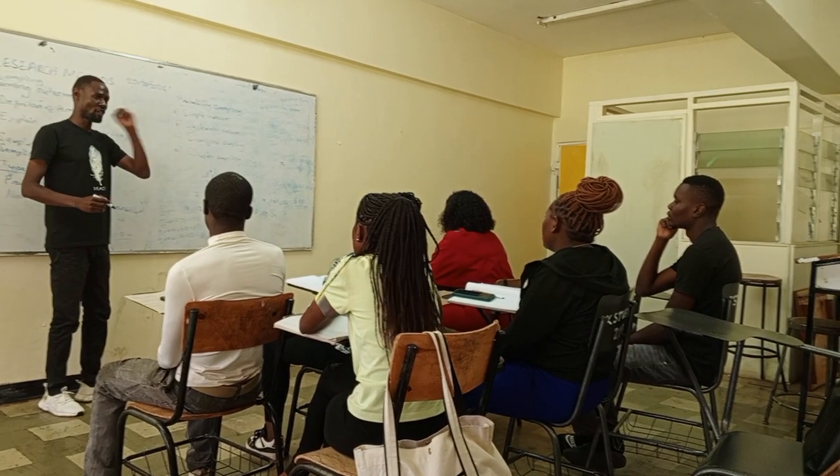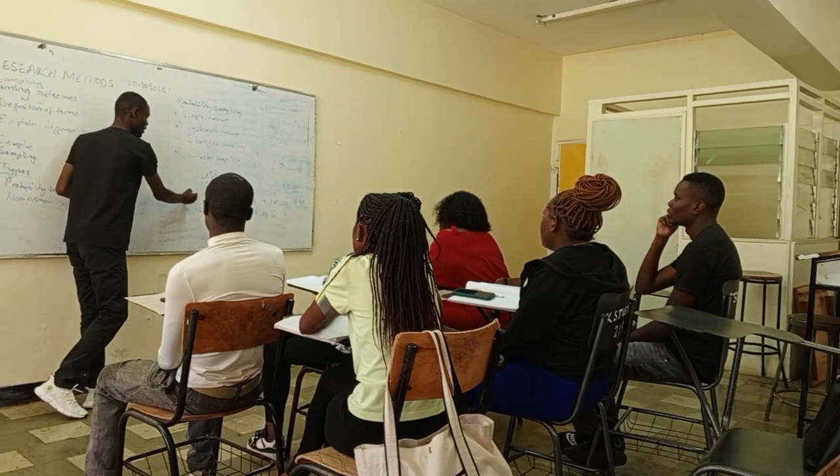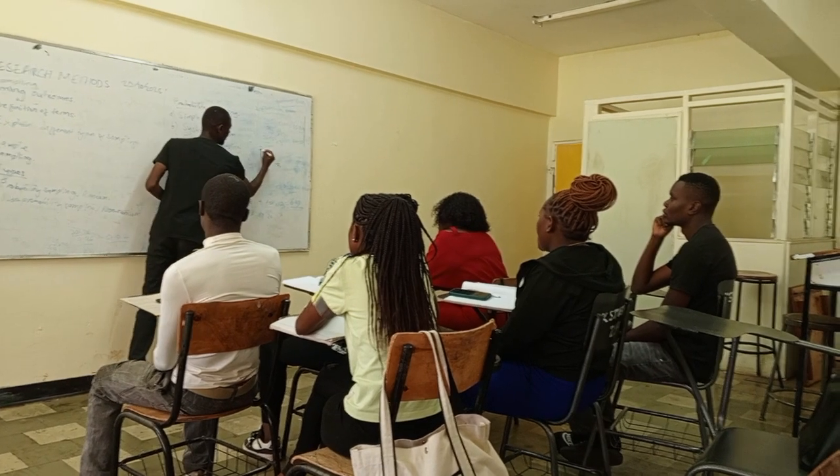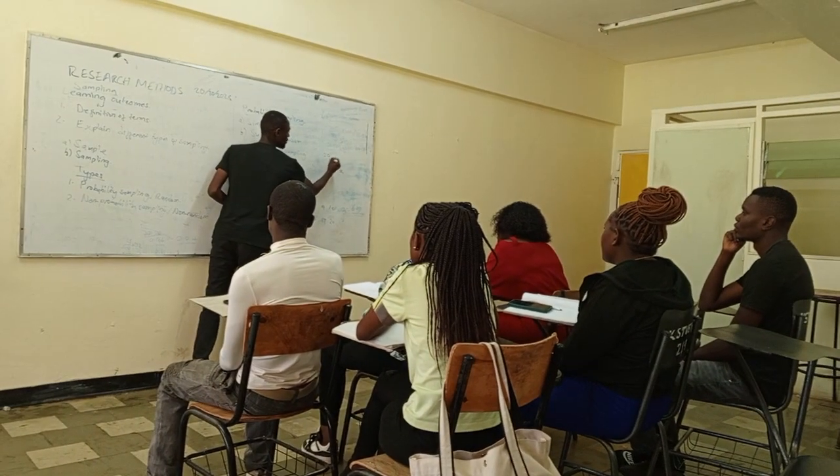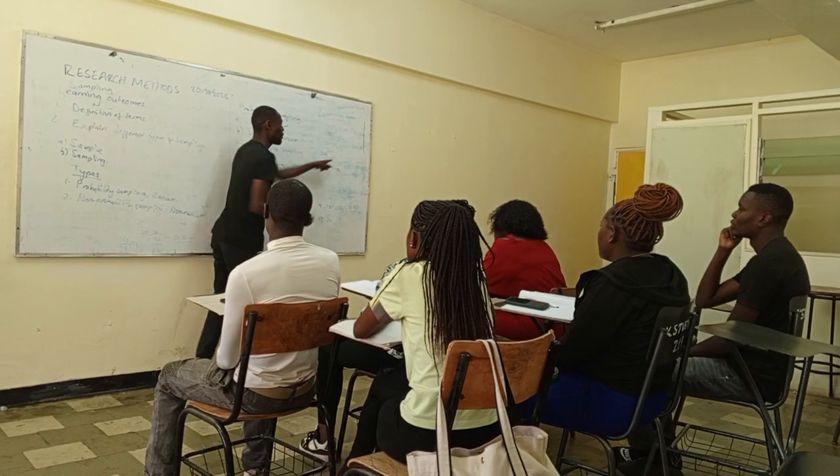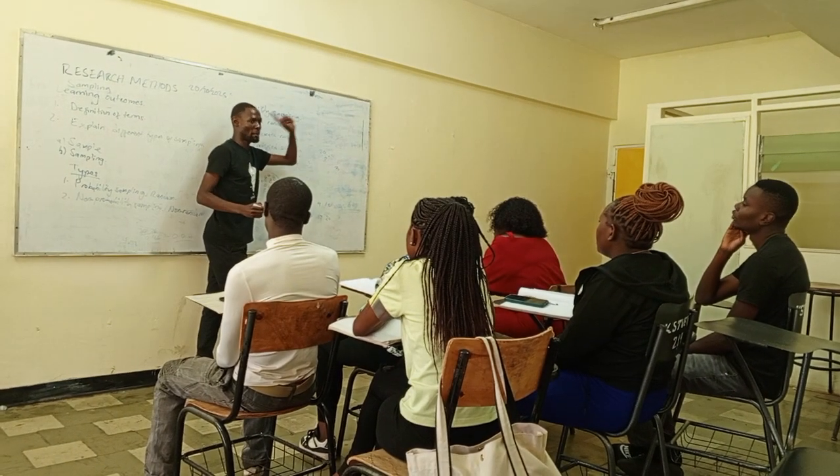If we have 20 and we want 5, it means in every 4 people we must pick 1 person.